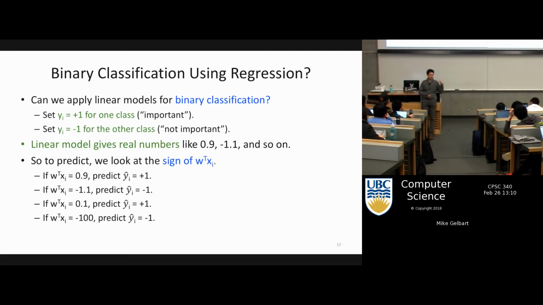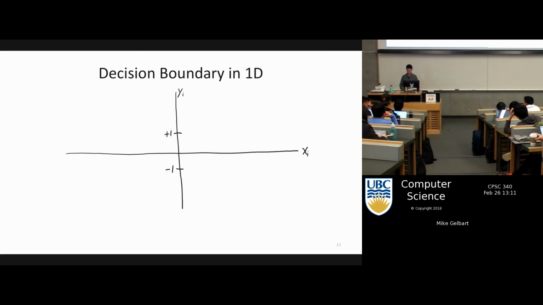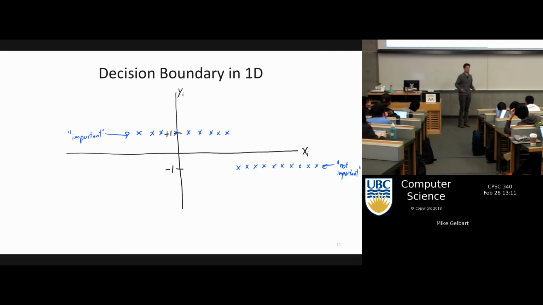By the way, this is why we want to write y as +1 or -1. Now we can just say y_i is the sign of W transpose X, where the sign refers to being +1 or -1. Any other thoughts? Okay. So imagine we just have one feature, and now when we plot y, it's only going to be +1 or -1. It's not going to be all over the place like in regression.